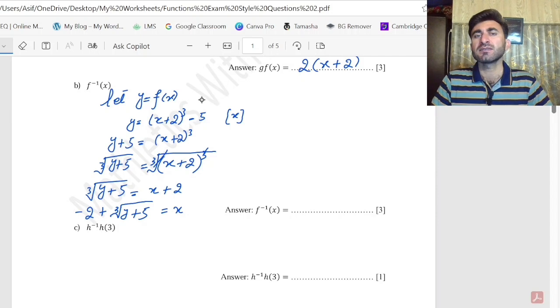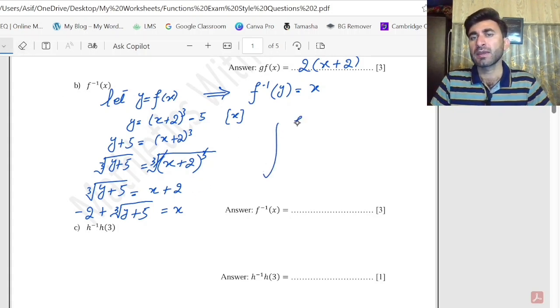Now it equals x. From the first equation we can infer that if I apply f inverse to both sides, then it will become f inverse of y equals f inverse of f of x, and f inverse and f will cancel each other, so it shall be x. It means x equals f inverse of y. I can replace this x with f inverse of y, so it shall become f inverse of y equals minus 2 plus the cube root of (y plus 5).